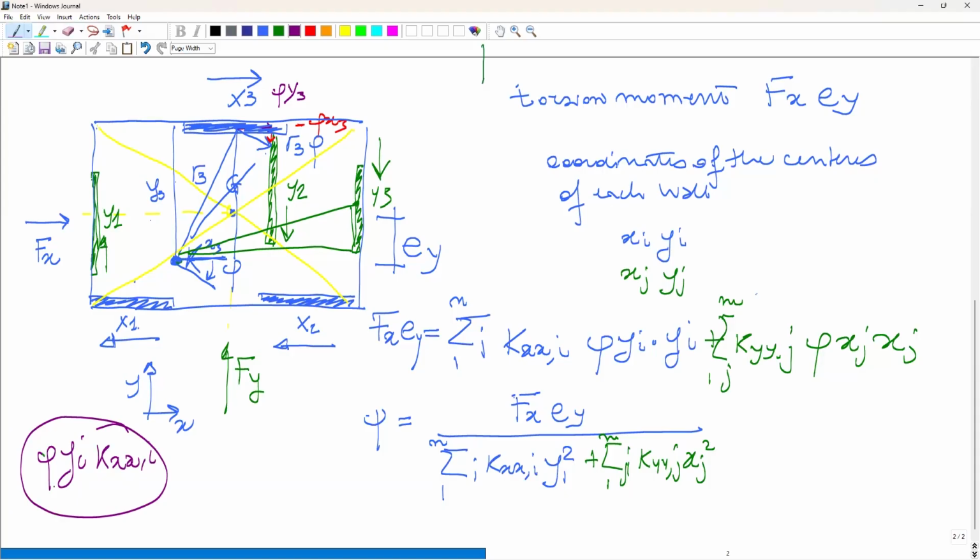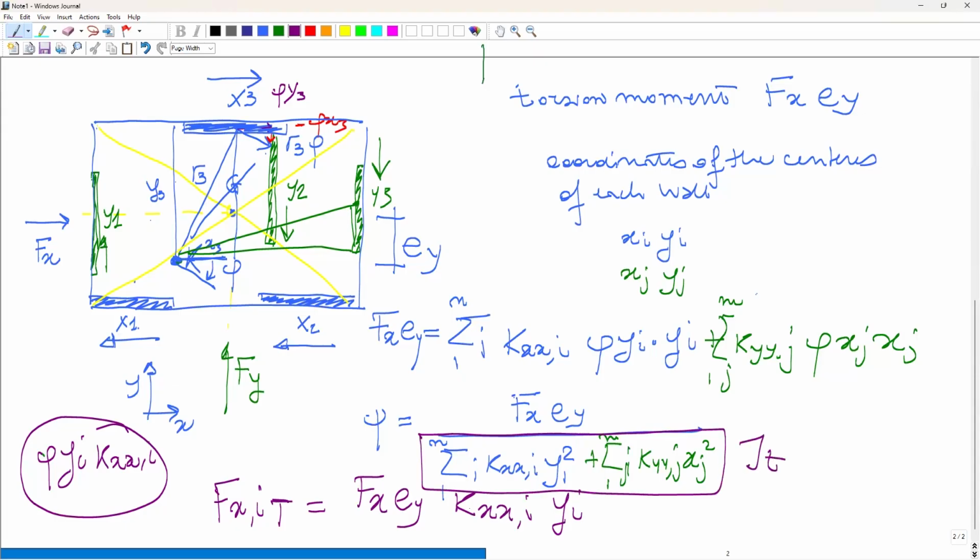Then put phi here, and you find that each wall takes a force due to torsion, Fxi due to torsion, equal to the global moment Fx times y times its stiffness in its own direction times its lever arm with respect to the center of inertia, divided by, allow me to call this quantity here Jt, the polar moment of the stiffnesses.